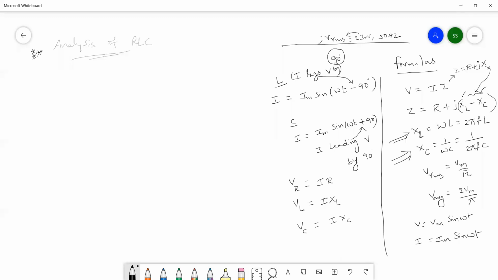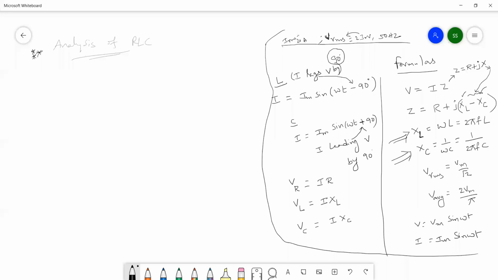Similarly, if they mention that it draws 20 amperes, the total current, then we can consider it as IRMS. In AC analysis, the RMS values are represented by default. Clear about how to do the numericals? Shall we start? The formulas are in front of you, and the notations are also there.